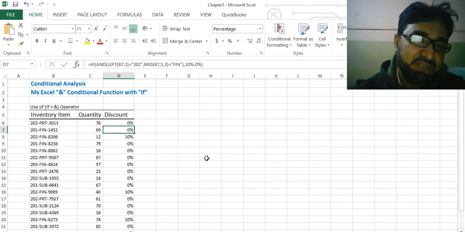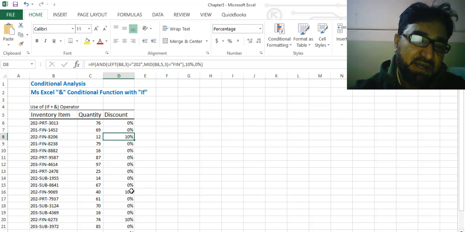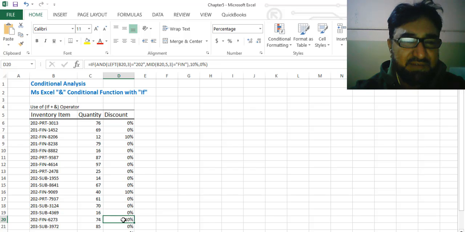So this formula is analyzing this data in this code. You can see that here 202 is true, fin is true, then a 10% discount is given. Again here 202 is true, fin is true, and a discount is given. And here you can see that 202 and fin are true, a discount is given.